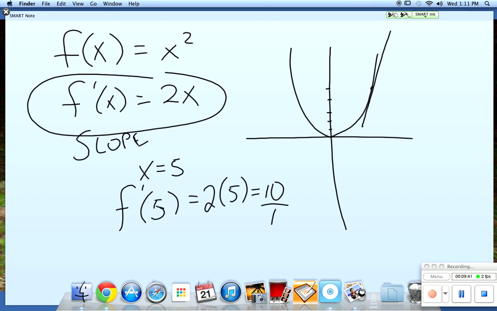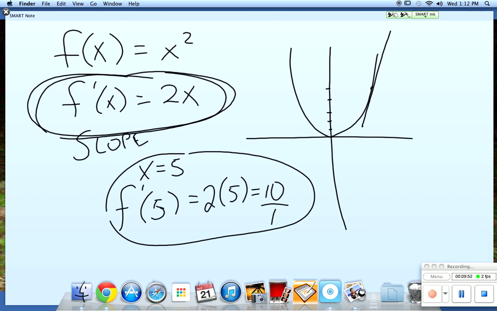Okay? The key point in here is knowing how to do a derivative, all right, and then knowing what that derivative gives you on your graph. Notice I graphed the x squared. All right? I graphed the original function. I took the derivative of it, and I plugged a point into the derivative to figure out what my slope was at that point.